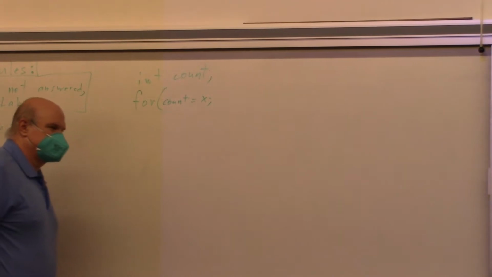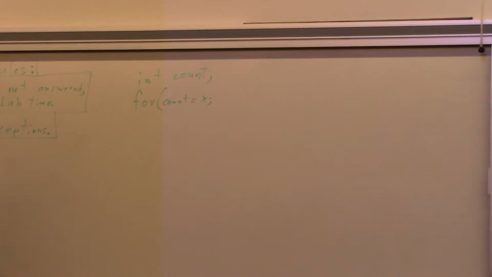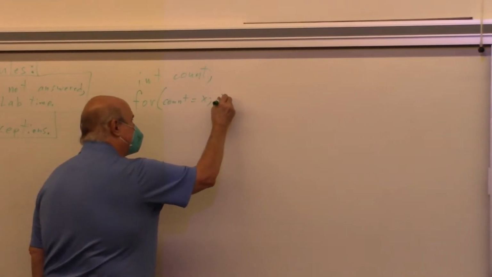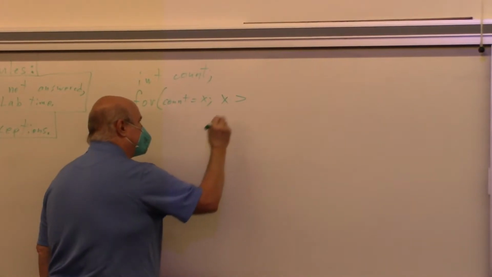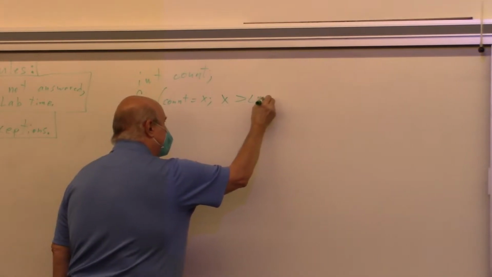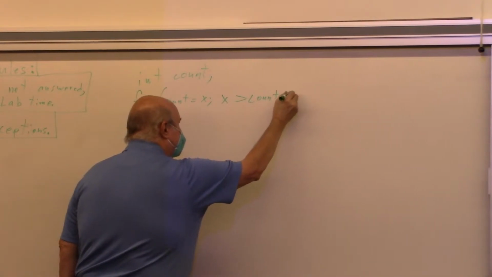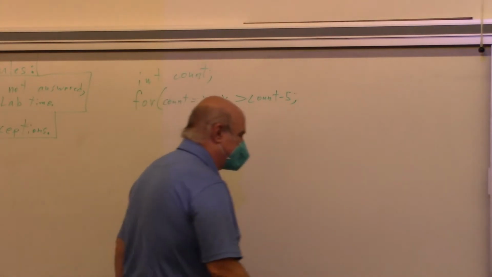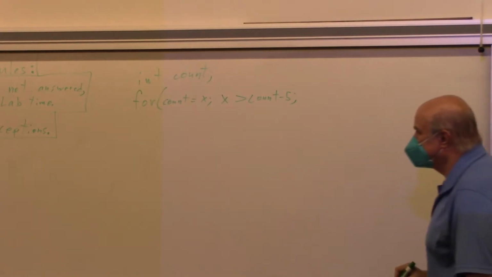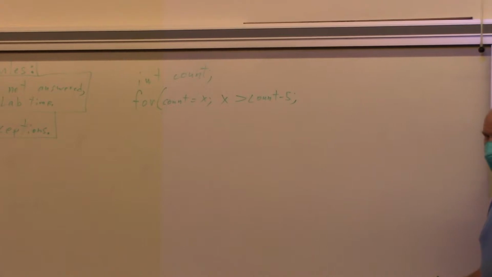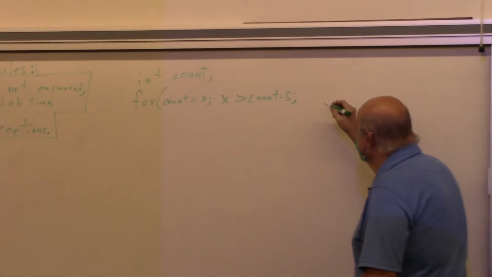Right, and then I did x is greater than, this is for real this time, x is greater than count minus 5. And then the semicolon. And then x equals x minus 1, semicolon.